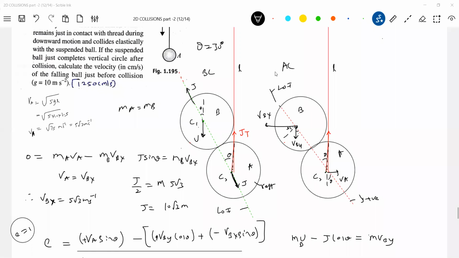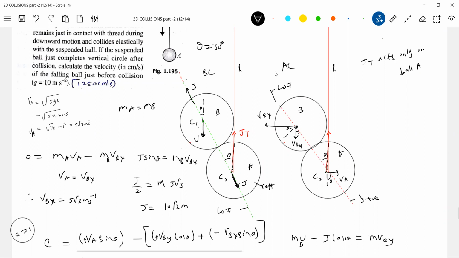That is, it's in contact. What happened? That impulse JT is acting only on ball A, and will not have any impact on ball B. So JT acts only on ball A. U should be equal to VBY, no sir?